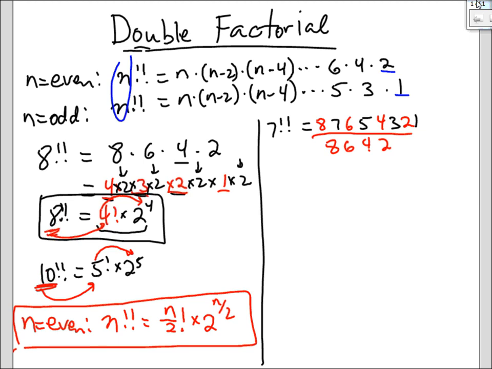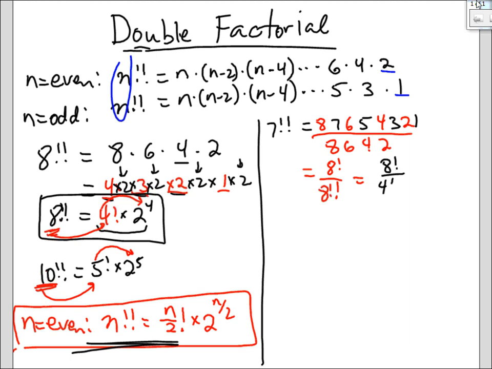Now, the top is nothing more than 8 factorial. And the bottom, surprisingly enough, is a double factorial. But 8 is even, so I can use the rule that we have down here for 8 double factorial.